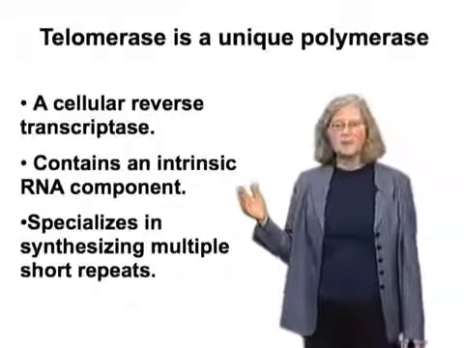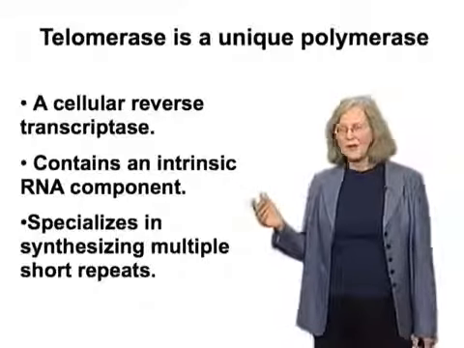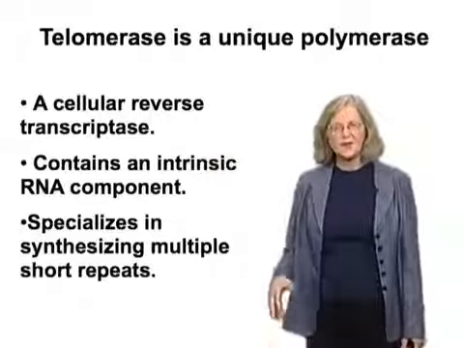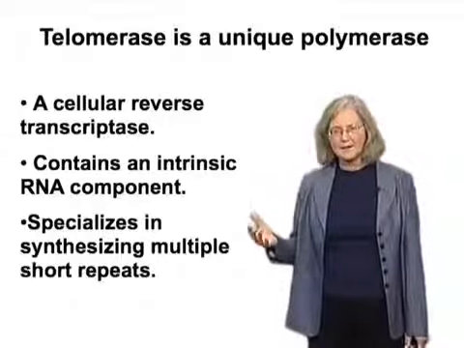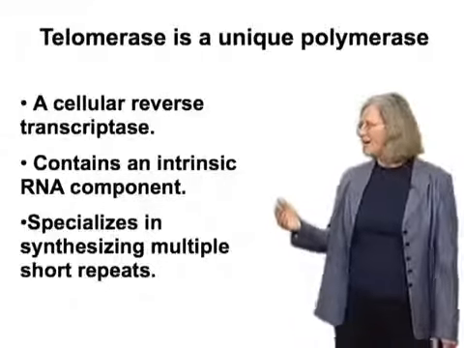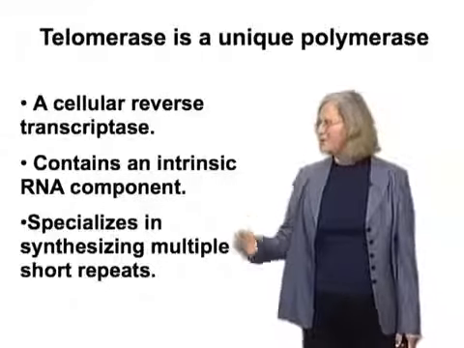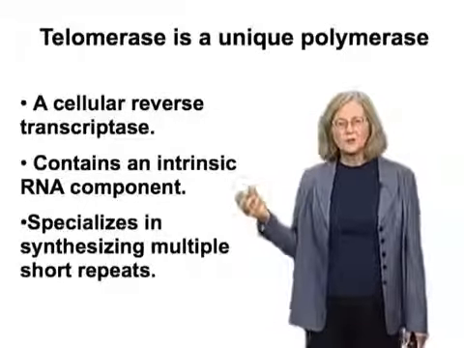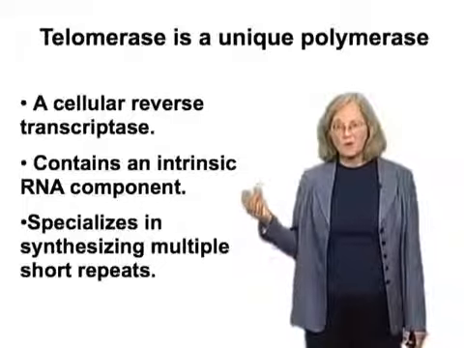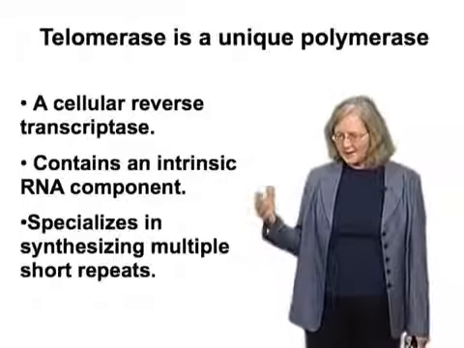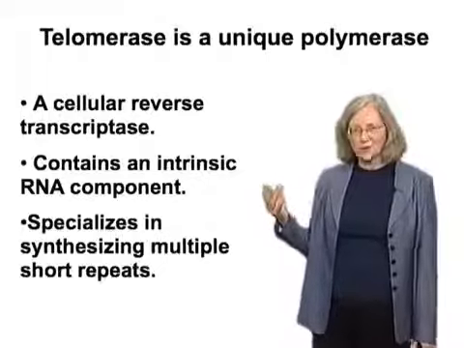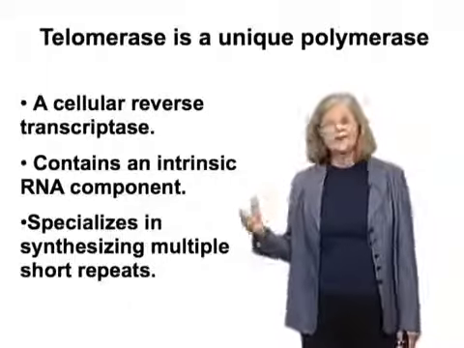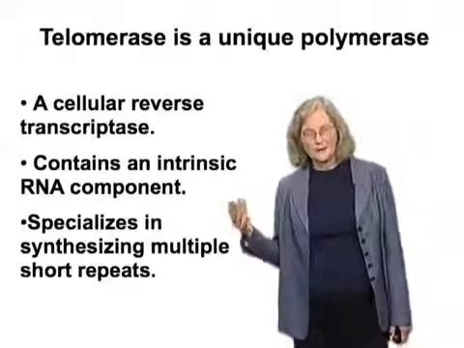So telomerase is a unique polymerase. It's a reverse transcriptase by the definition that it copies RNA into DNA. It's unique because the RNA component is actually intrinsically built into the telomerase ribonucleoprotein particle. It has to be built in for that templating to take place. And indeed, the enzyme is truly a ribonucleoprotein enzyme, we believe.